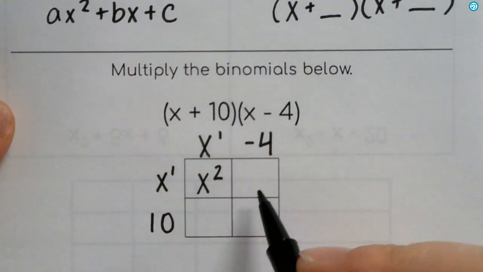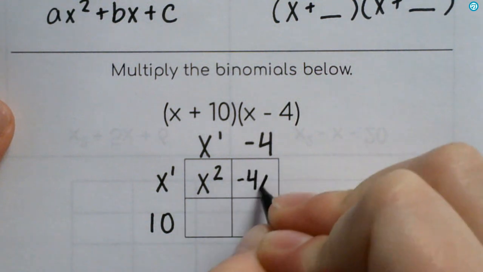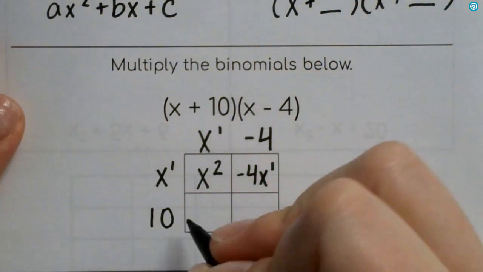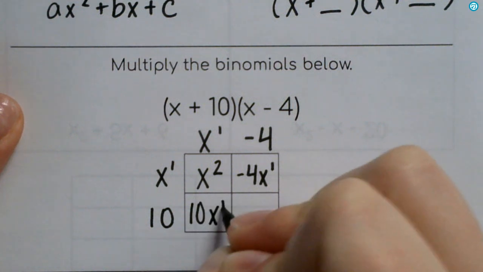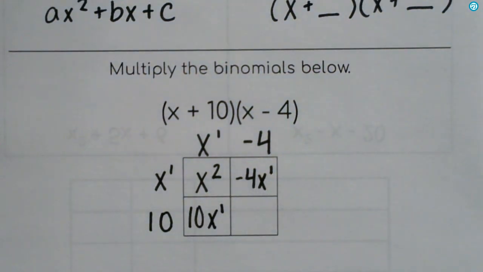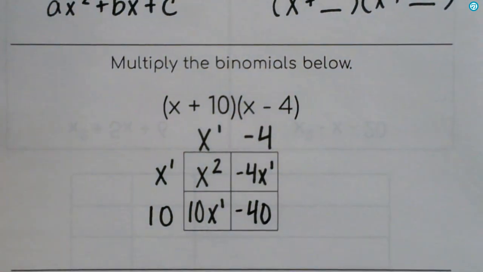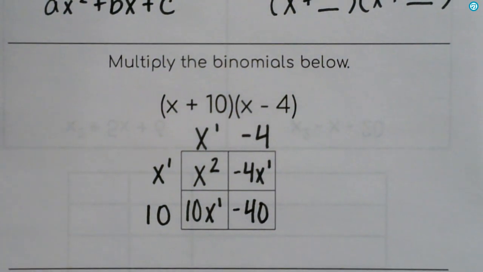X to the first times negative 4 is negative 4x to the first. Bottom left corner, 10 times x to the first is 10x to the first. And then the bottom right corner is negative 40. So this is exactly what we did in 5.4 when we multiplied.